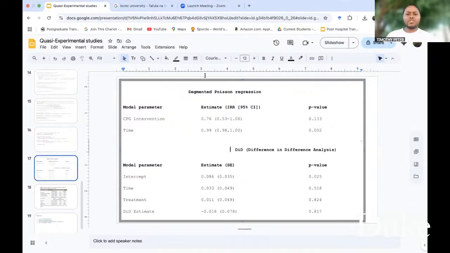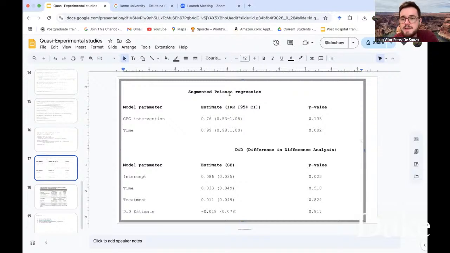So, Joao, what was the comment there? I don't get it from Alexandre. Can you transcribe it, translating it? He says that if anyone is interested, there is a model called joint point regression that is made available by the NIH as a tutorial video. So if you want to, search on YouTube or Google for joint point regression.